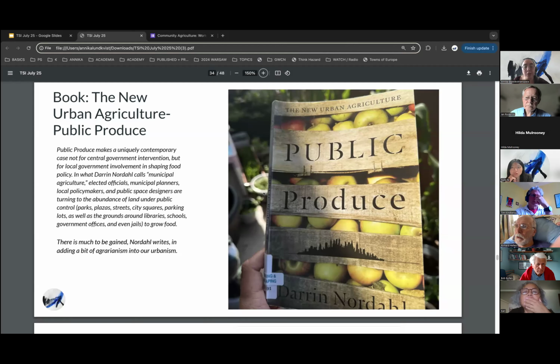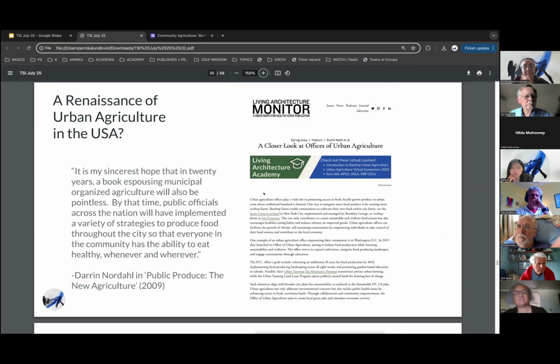I'm just finishing up this book. It's fantastic. And what I find interesting, this is happening currently in the US. There has been, I don't know how many, I believe it's about 12 maybe, offices of urban agriculture established and more coming. I could have that number a little bit off. But my question is, is there a renaissance of urban agriculture occurring in the USA?